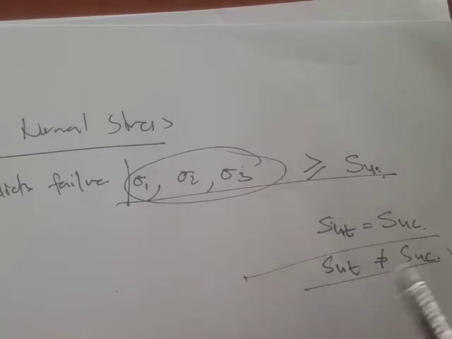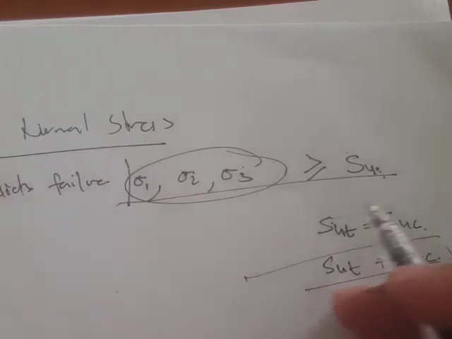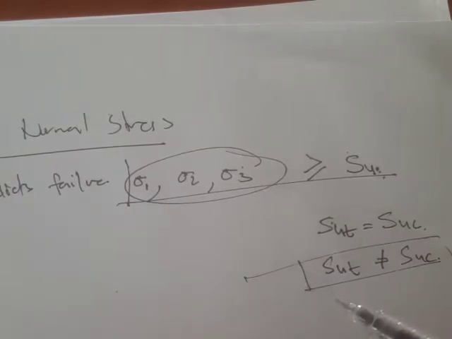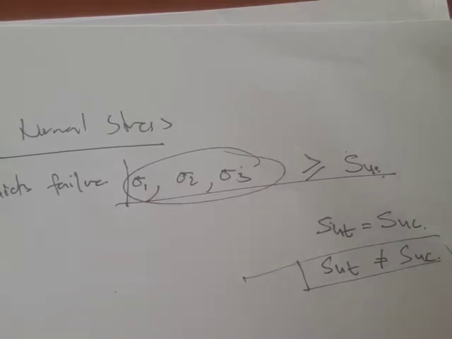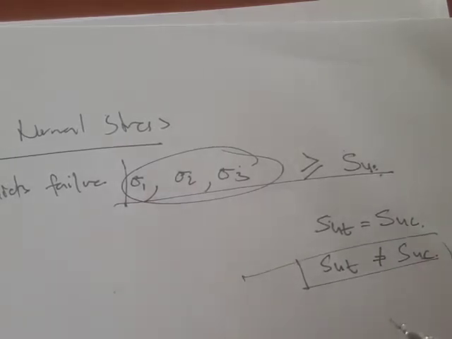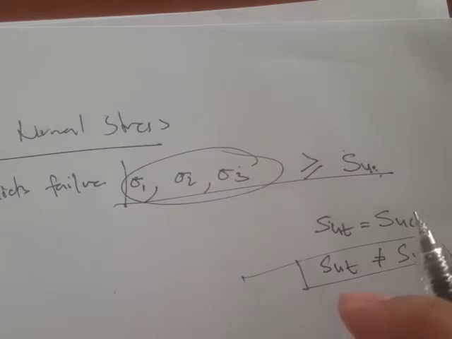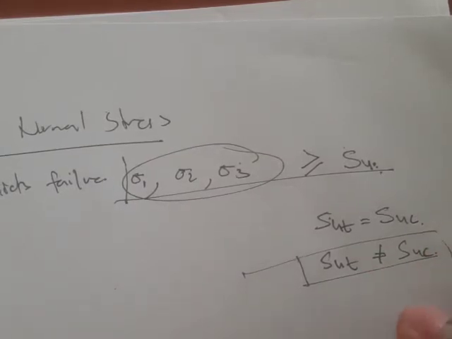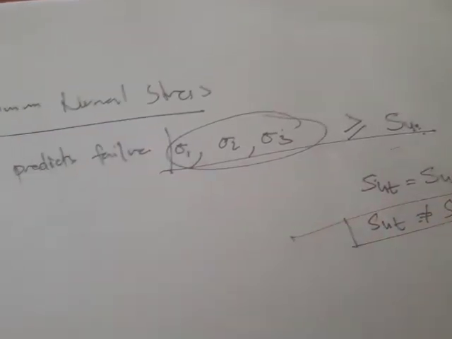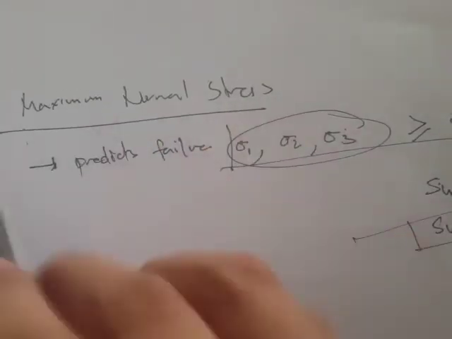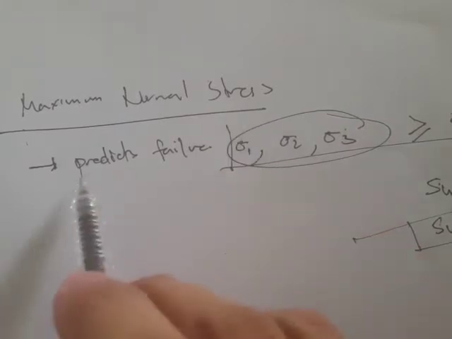An example of this is concrete. And you have learned this already in ABE161 that concrete is a material that is strong in compression but weak in tension. The tensile strength is only 10% of the compression strength. So it's not equal.